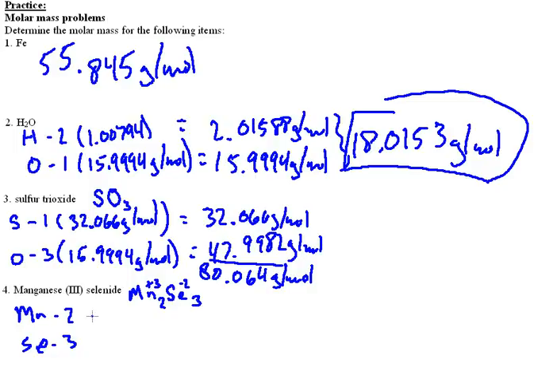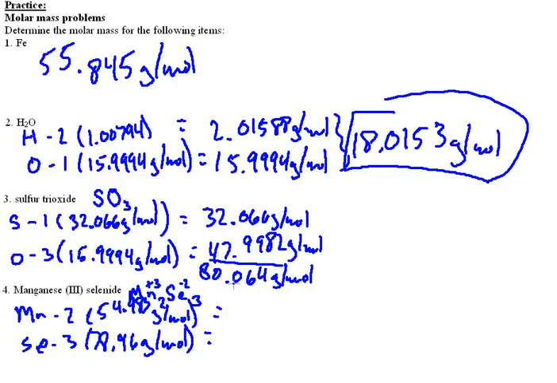Our molar mass from the periodic table for manganese is 54.983 grams per mole. And our molar mass for selenium is 78.96 grams per mole.